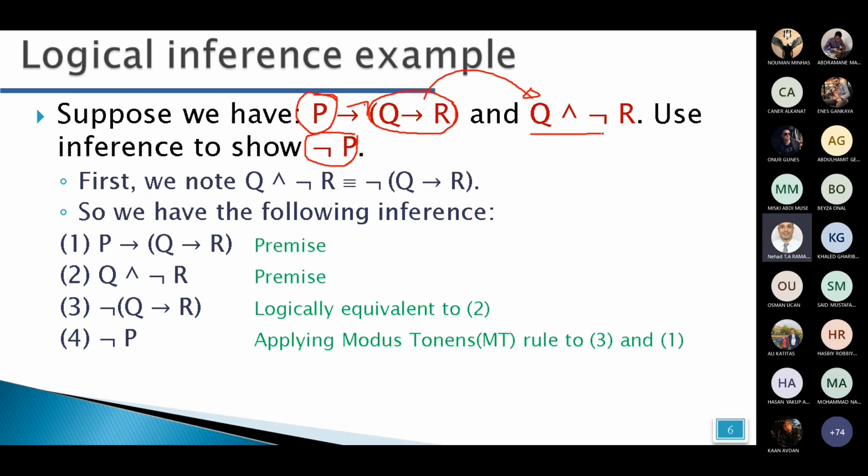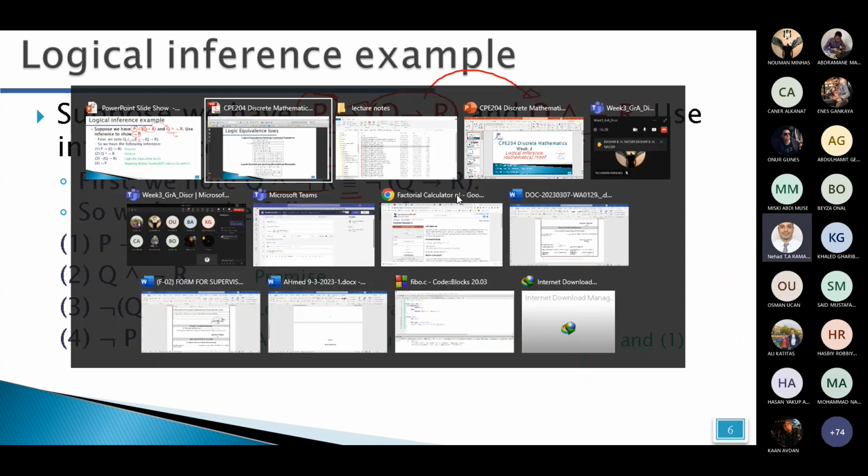So it's better to return it to implication to get this Q and give us R. How? You remember the logical equivalence rule. We have some rule like this one. Actually, this one is equivalent to not the Q implies R. I can show you this rule.